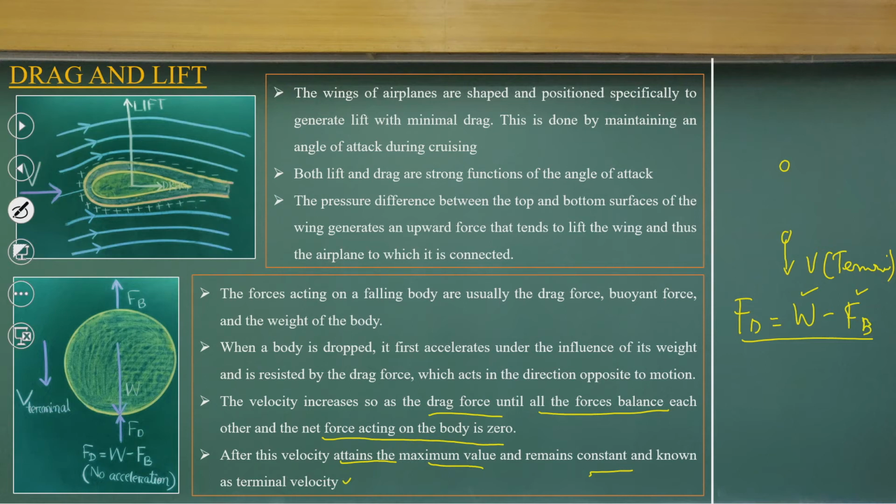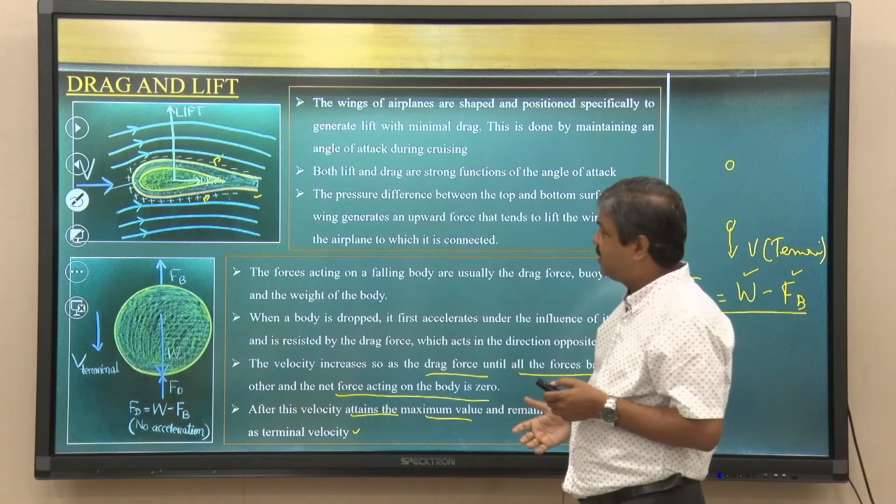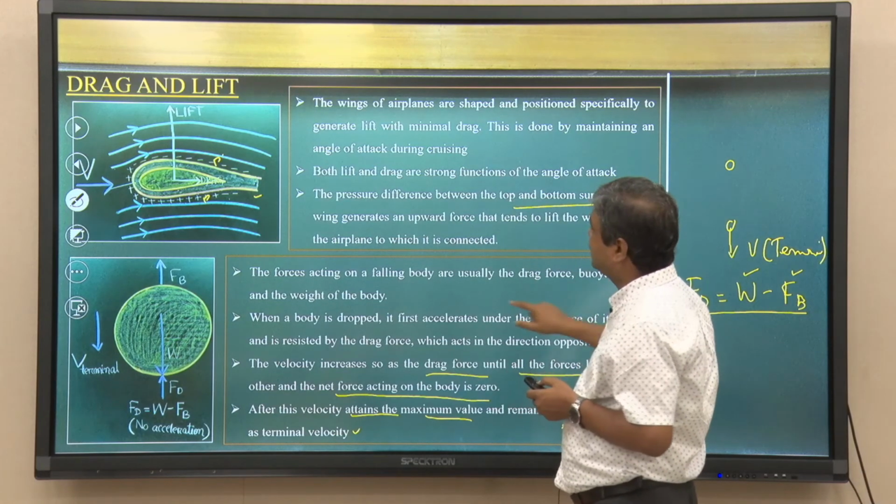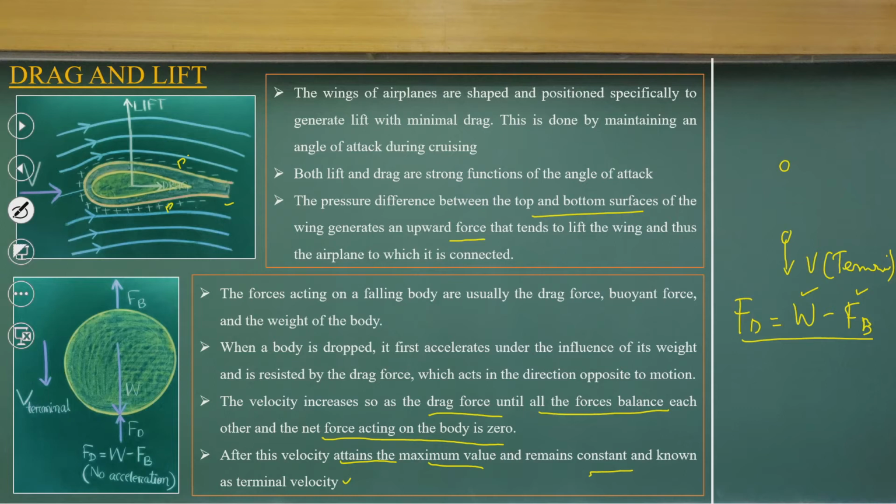In the same way, when you have flow past aerofoils, you will have positive pressures and negative pressures, a pressure difference, and there will be friction drag as well as form drag, or drag due to the pressure difference. That is what happens. Between the top and bottom there will be a pressure difference which generates the upward force that tends to lift the wings and the aeroplane connected to them.